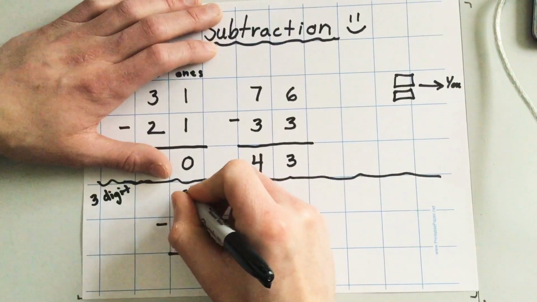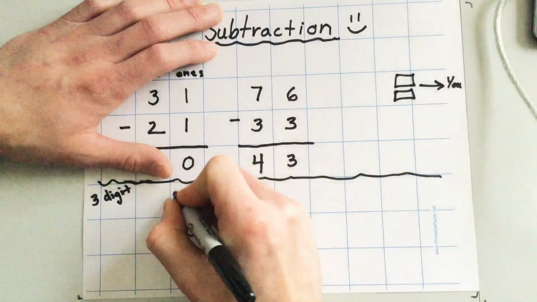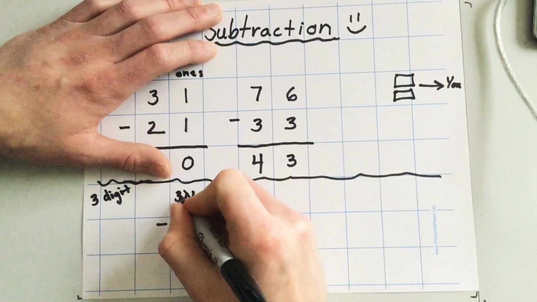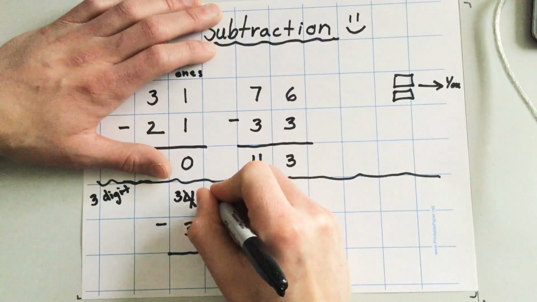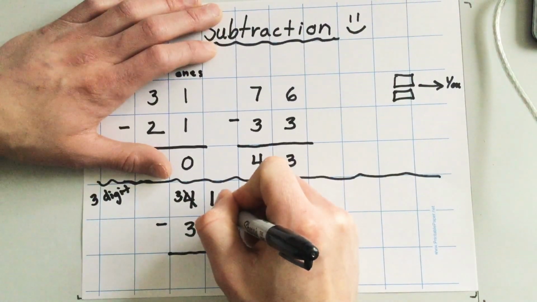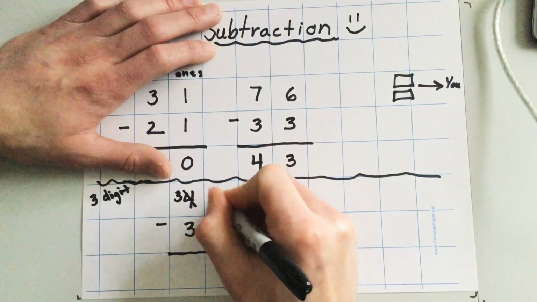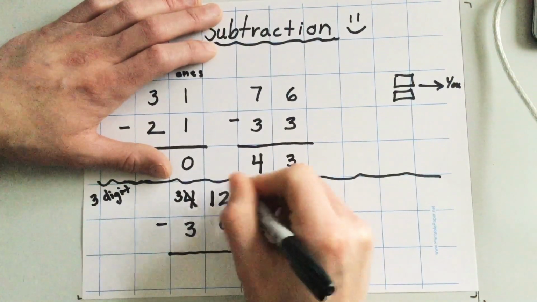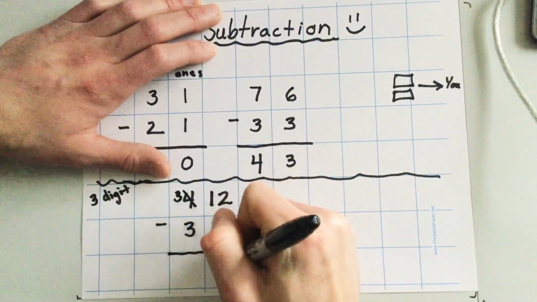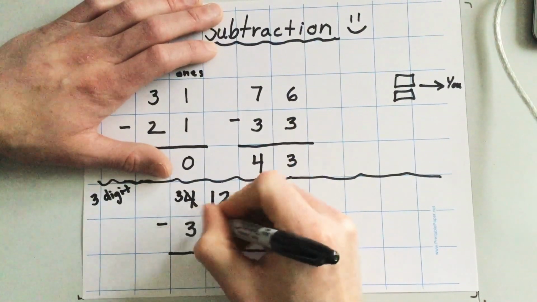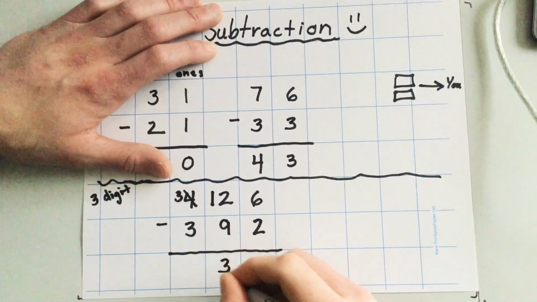So in this case, we cross out the 4 and we make it a 3. We're just doing some regrouping. The 10 that we took from over here is going to go right here. So we take 10 plus the 2 that we had here, and 10 plus 2 is 12. Now we can do this subtraction problem. 12 minus 9 is 3.